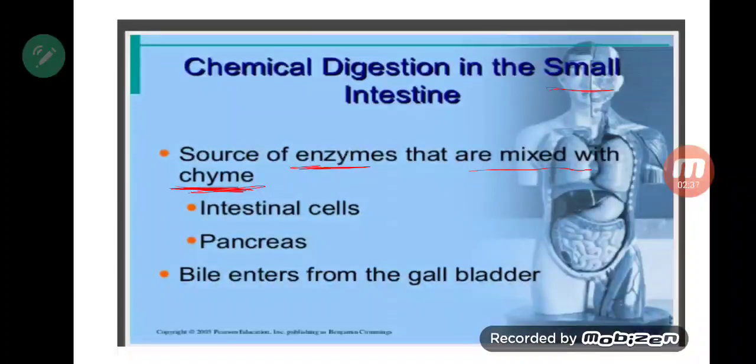There are also secretions from the pancreas and from the gallbladder. We have the bile salt.